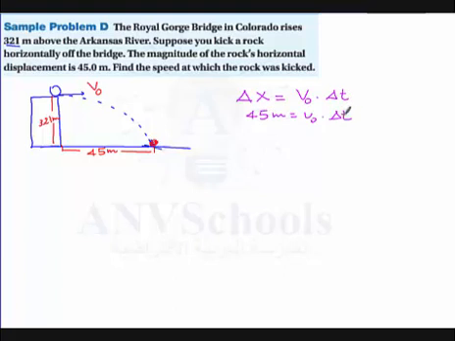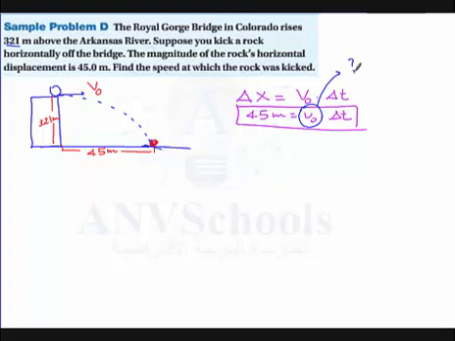Our target is to find V naught, the horizontal speed at which the rock was kicked. To find it, we first have to find the time taken, delta t.